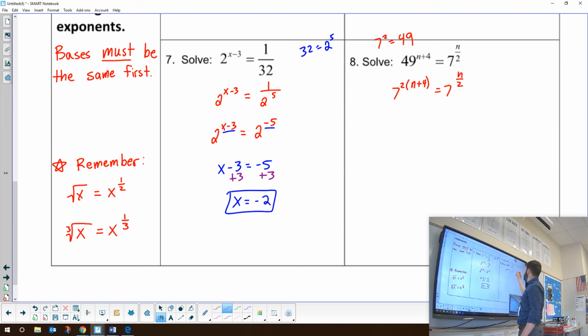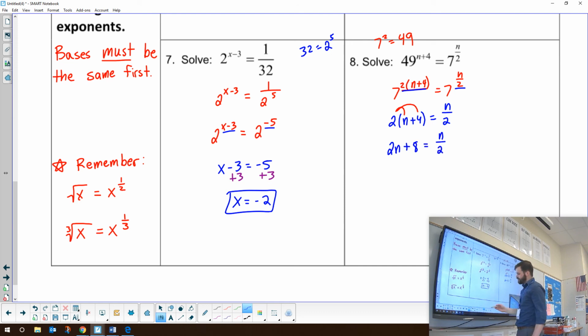So now, same base, take our two exponents, set them equal to each other. So we go 2 times n plus 4 equals n over 2. I can distribute my 2 here, 2 times n, 2 times 4. I get 2n plus 8 equals n over 2.